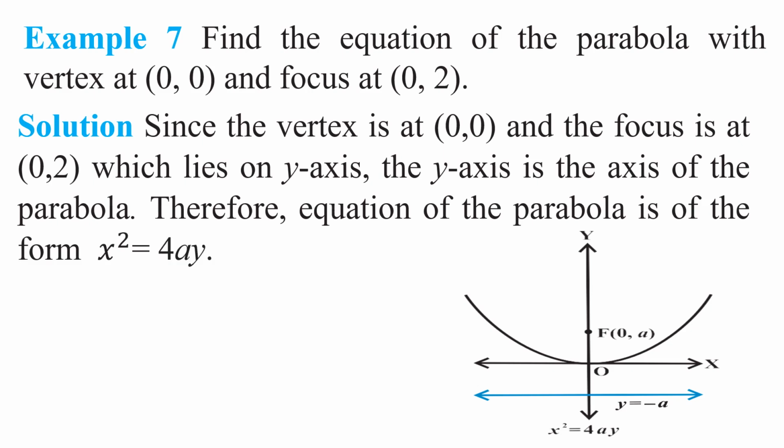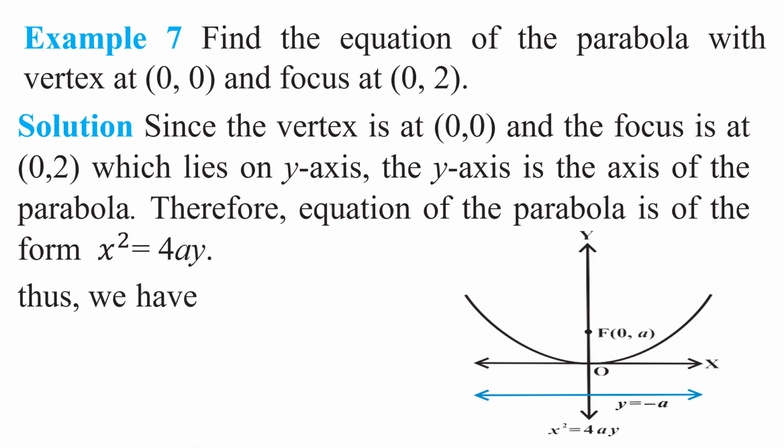Here, the axis of the parabola is the positive y-axis. Then, what is the equation of the parabola? x square is equal to 4ay. In this equation of the parabola, we have to find the value of a.